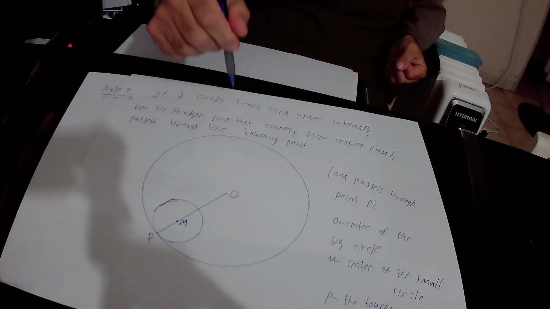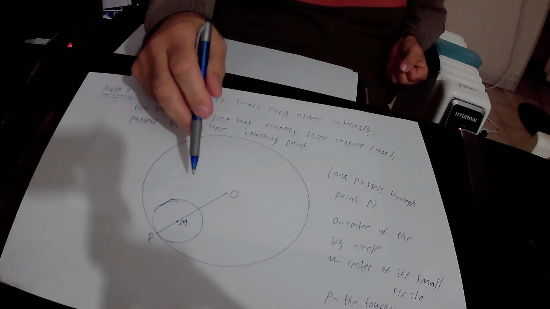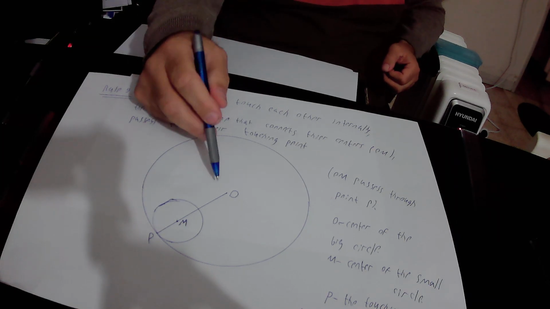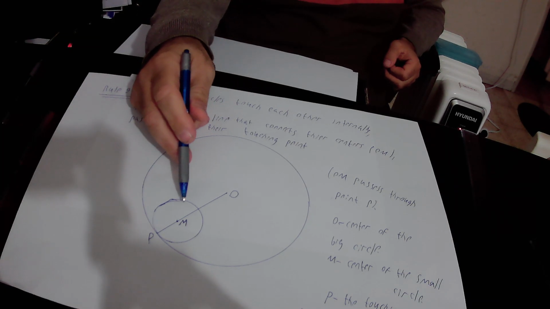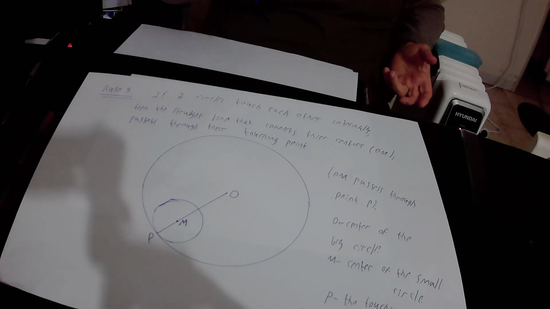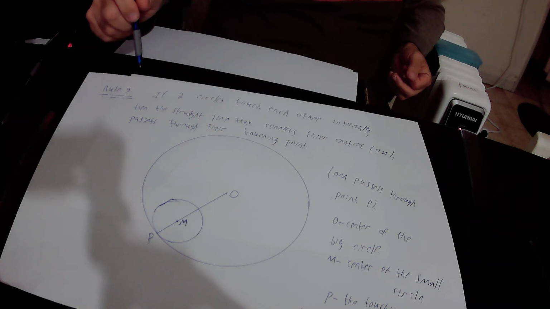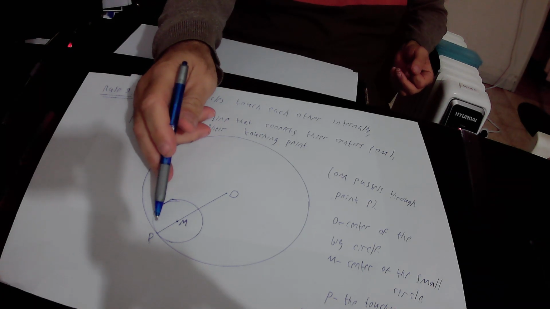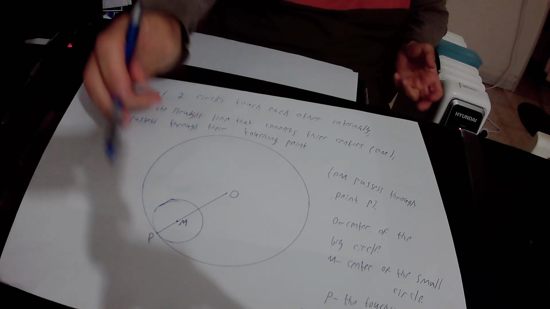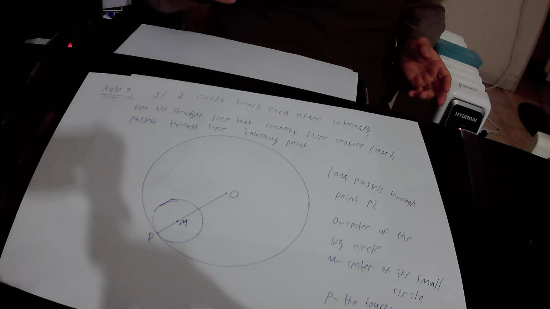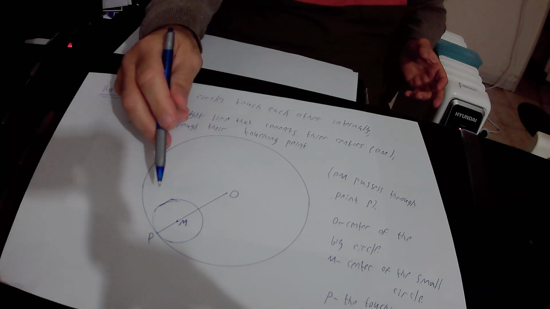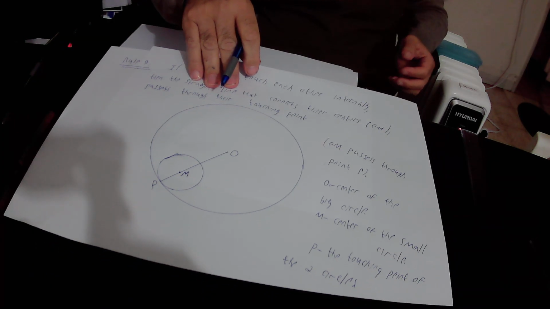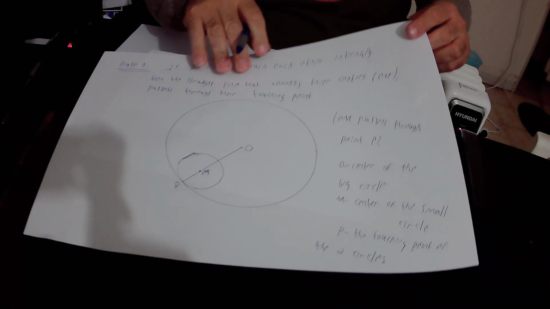Here, point O is the center of the big circle, point M is the center of the small circle. OM is the straight line that connects the centers together. According to rule number 9, the straight line OM must pass through point P. That is to say, OMP is one straight line. So we can implement rule number 9 in our drawing.